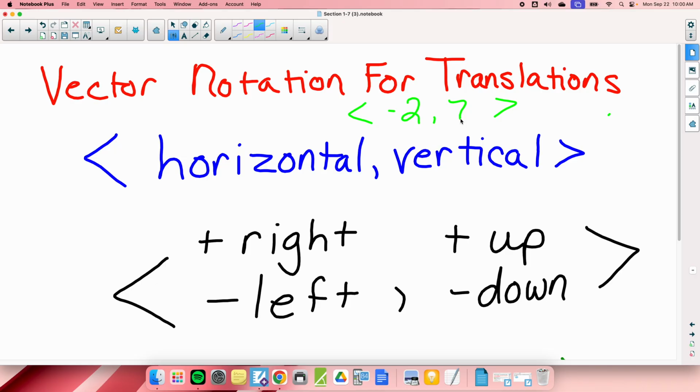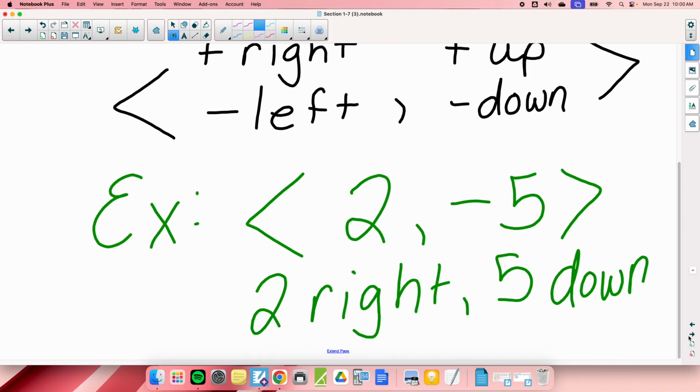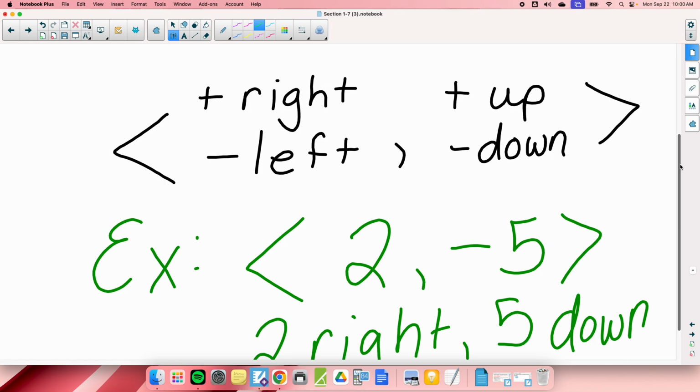The only difference with vectors is instead of starting at the origin, you're gonna have a figure and you start at each of the points of the figure, and then you would go, like in this case, if this is positive, you go 2 to the right. This is negative, you go 5 down. So this is exactly what you would think of as you were graphing.